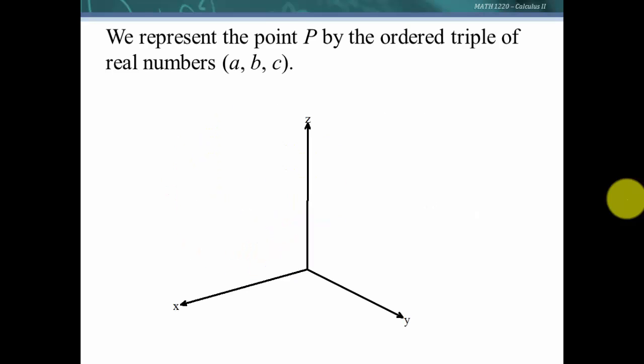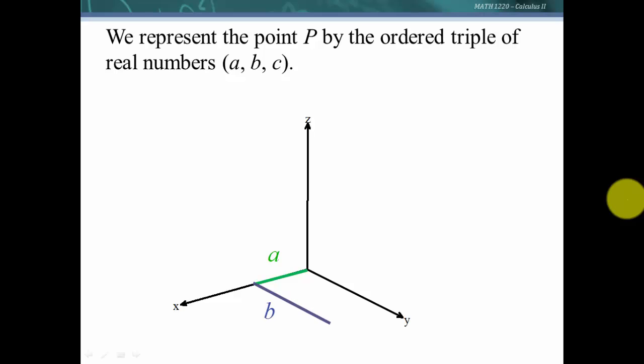When we want to represent a point, we use what's called an ordered triple then, and so just in the order x, then y, then z. So as we go to plot, we would move along the x-axis. Here's a positive x moving by a, and then what we would do is we would move parallel to the y-axis to plot our b.